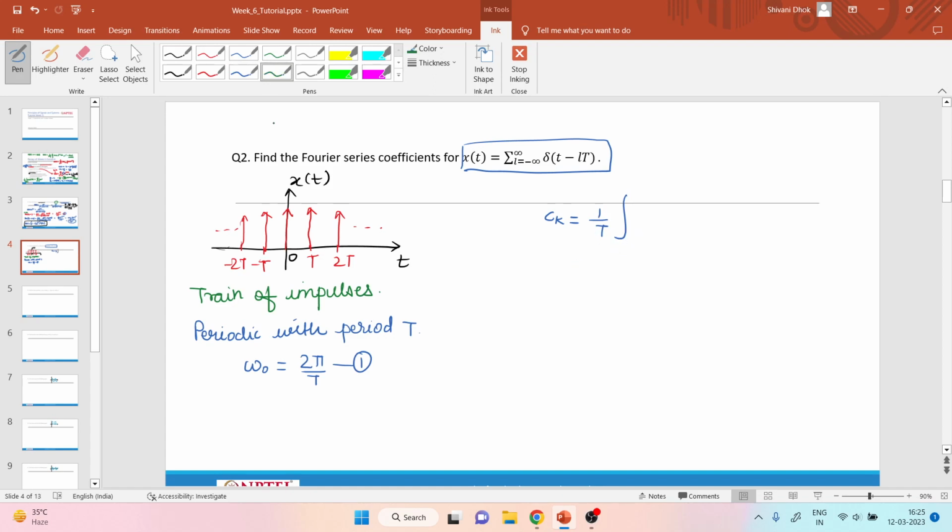So let us consider this period, from minus T by 2 to T by 2. In this, the x of t is taking value as delta t multiplied by e power minus j k omega naught t dt.